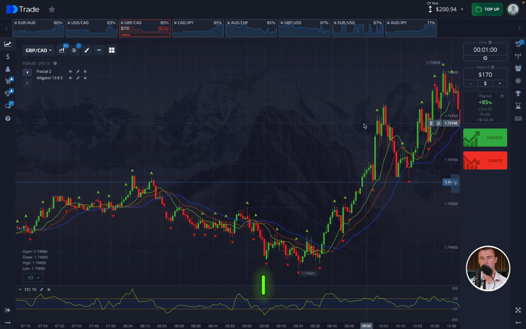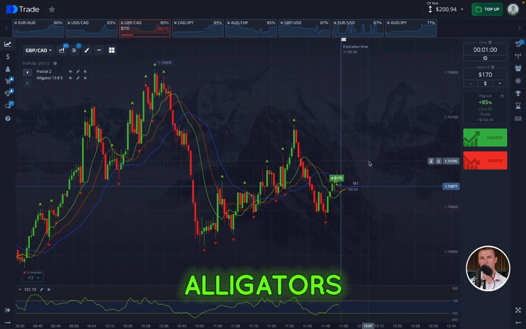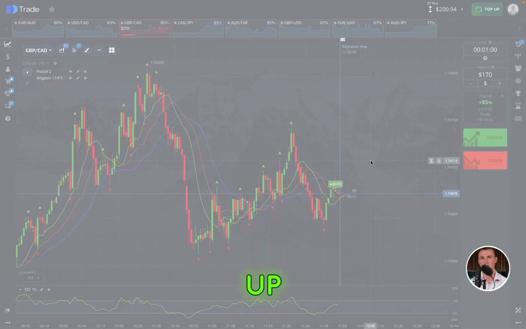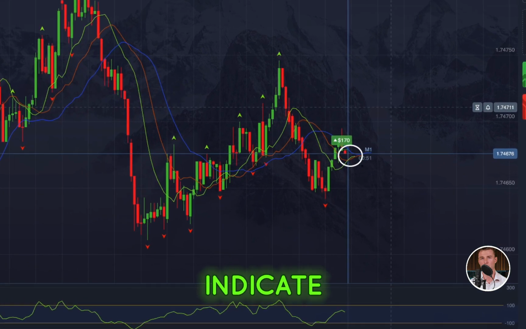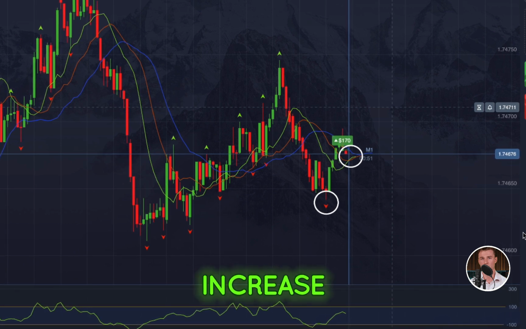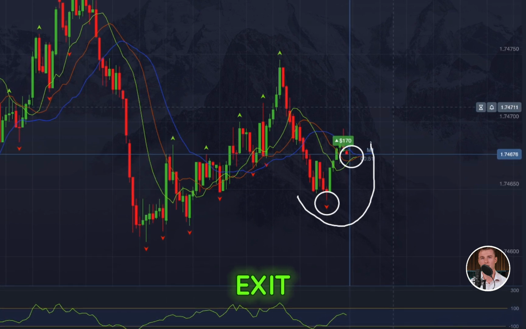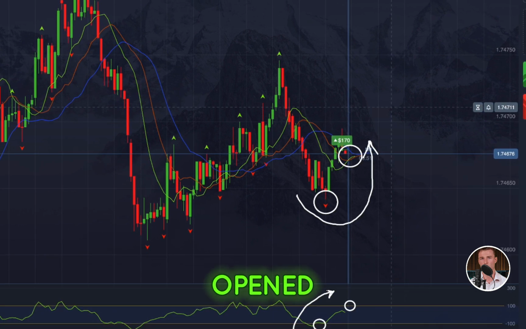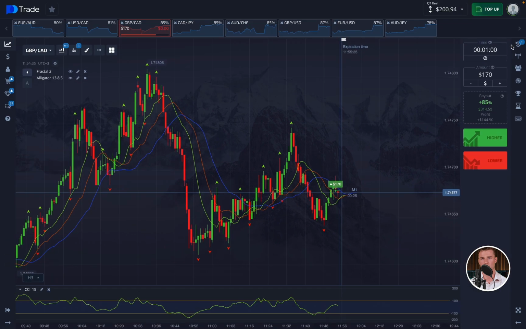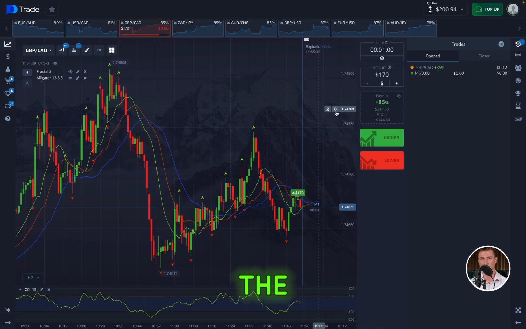And in general, I see a slight intersection of the alligator's moving lines from the bottom up. The local minimum was also updated earlier. Two of these points indicate that a deal can be opened for an increase, and there was also an exit from the oversold area. The overbought area has not been crossed, so in this case, I opened a deal to increase. Let's look at the result.